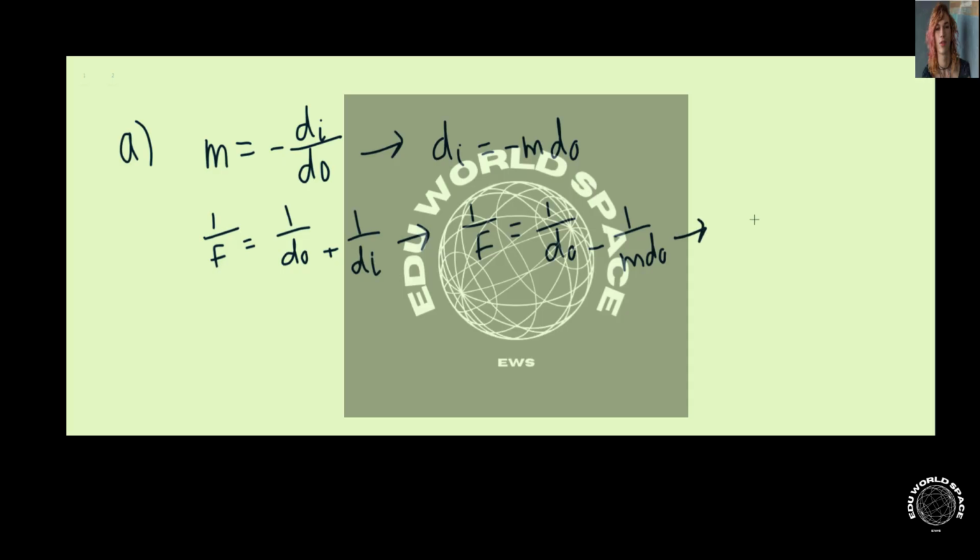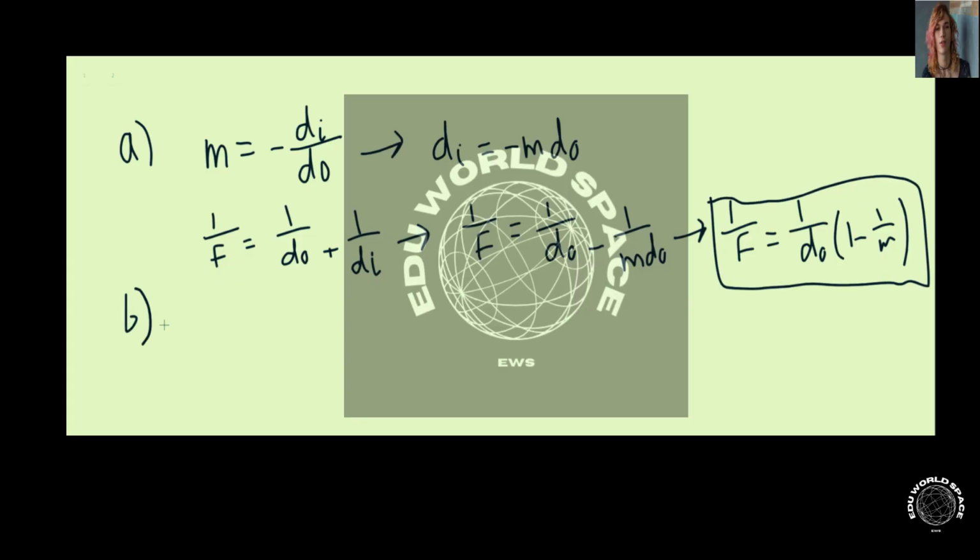And thus, just one more step of algebra, let's show it in its entirety: 1 over f equals 1 over d_o times 1 minus 1 over m, which is what we want to show.